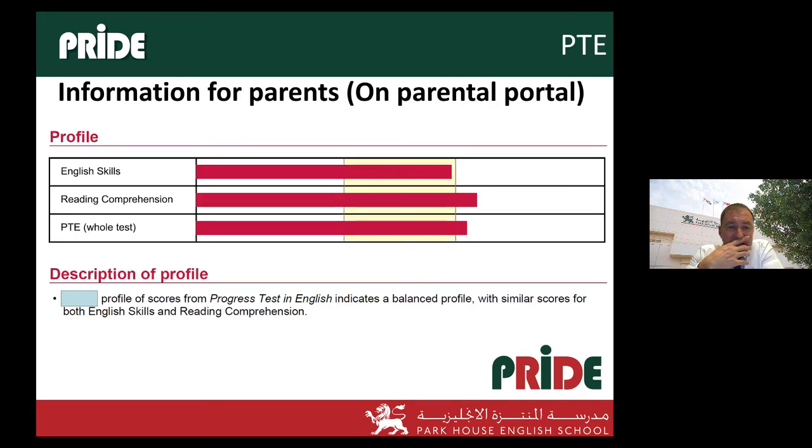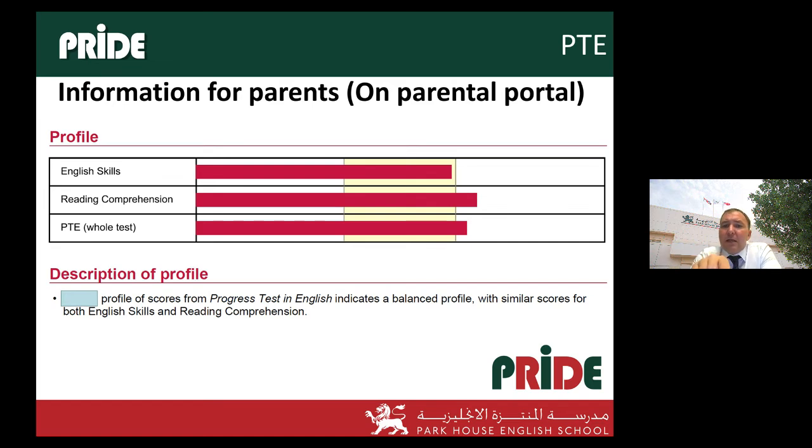Now, the next slide shows you what the report for parents looks like on the parental report. If we're looking at this student here, you can see that in general, they're doing okay in English. However, if you look at it closely, they're just slightly below the expected grade they're supposed to be getting.